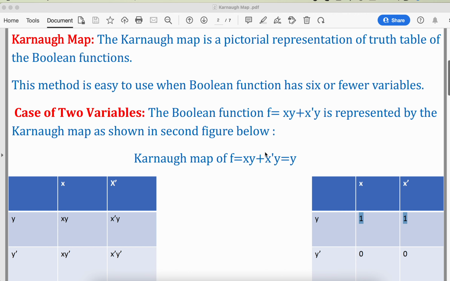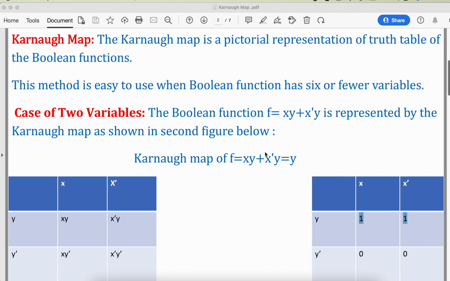When a Karnaugh map has been filled with 0 and 1, the sum of product expression for the output can be obtained by looking at squares that contain 1. So we can say that Karnaugh map is a pictorial representation of truth table of the Boolean functions.